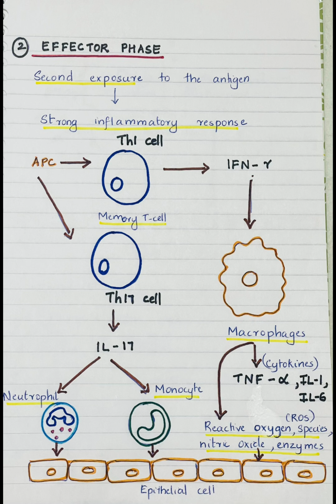Whereas activated T helper 17 cells will release interleukin 17. Interleukin 17 recruits neutrophils and monocytes to the site, amplifying inflammation. Recruited monocytes will differentiate into macrophages and increase the production of pro-inflammatory cytokines such as interleukin 1 and tumor necrosis factor alpha.